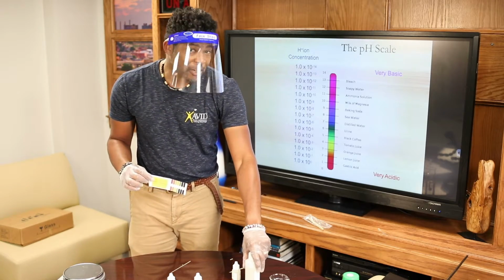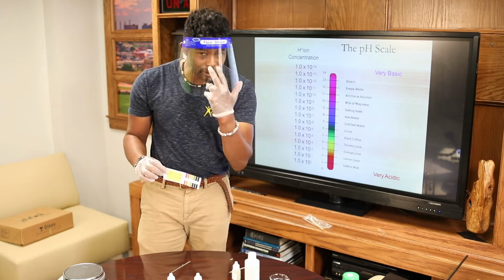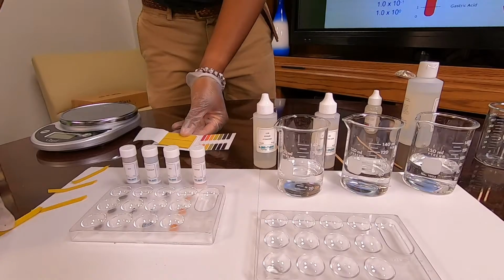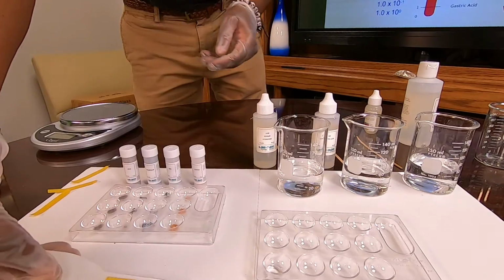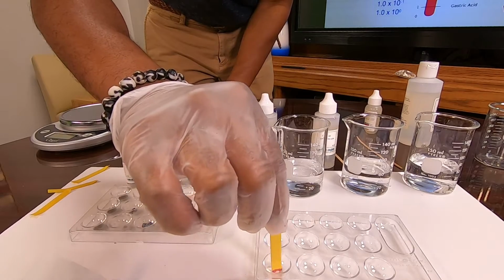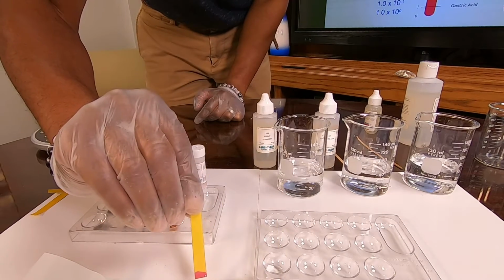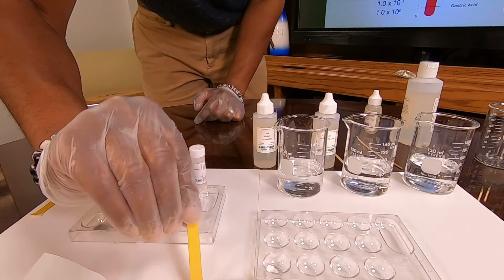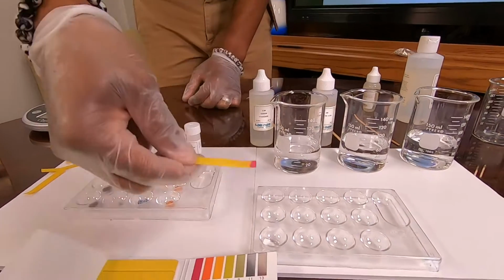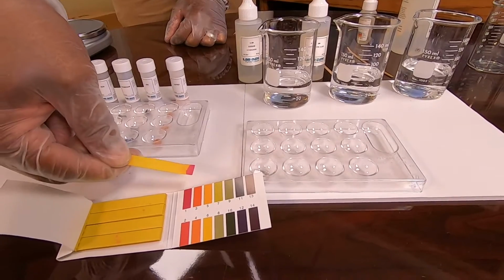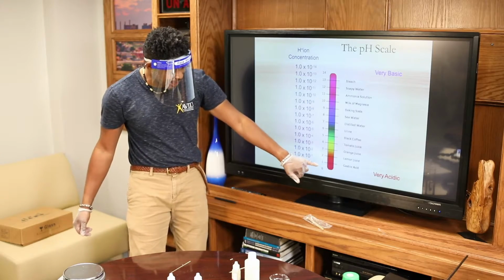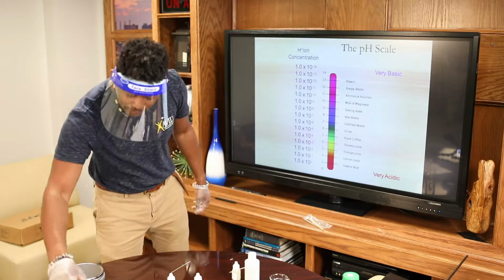Most acids and bases are clear, so by looking at them with your eyes, you can't tell exactly where they fall. However, if I dip the pH paper into an acid, I can quickly see where it is. Wow, this is very acidic. For hydrochloric acid, we're talking about a pH of 1, way down here. Very acidic, almost like gastric acid.